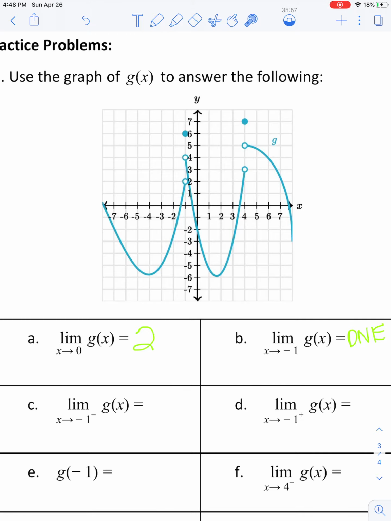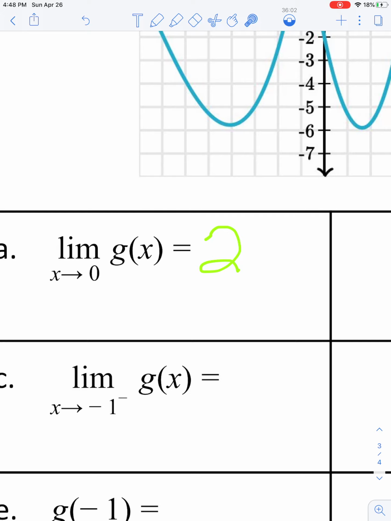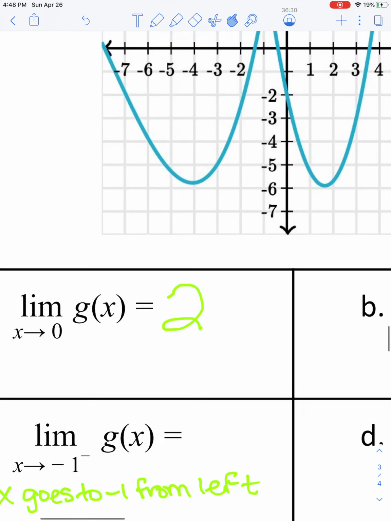So in C, we have a little bit of a different situation. If you'll notice, there is that negative symbol up above. Recall that this means we want to see x goes to -1 from the left. So here we only care about that one side. We're only going to look at the behavior of g of x as x is going towards -1 from the left.